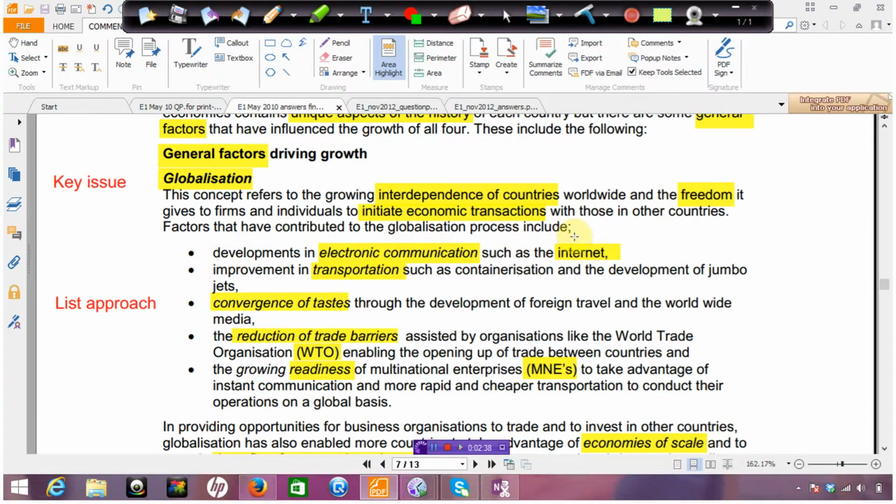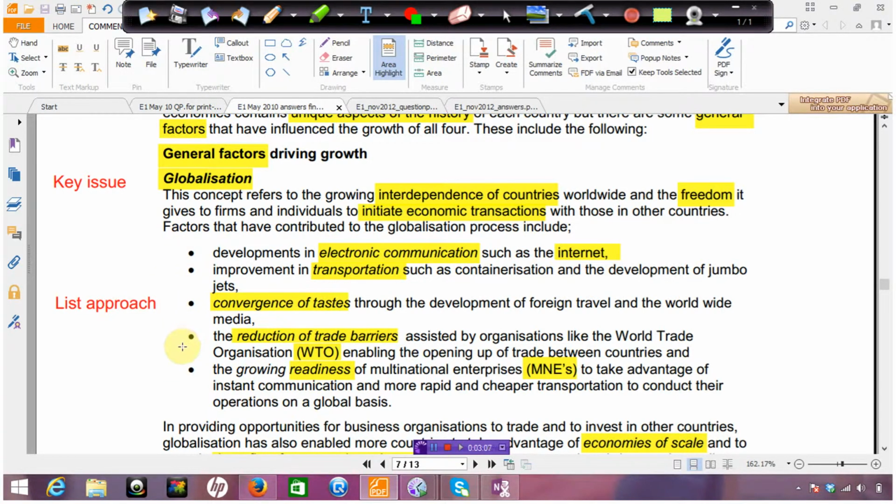It makes freedom of movement of goods and freedom of factors of production much more possible, and as a result, you're going to have economic transactions being initiated with a variety of different countries because of that interdependence and indeed because of that freedom.